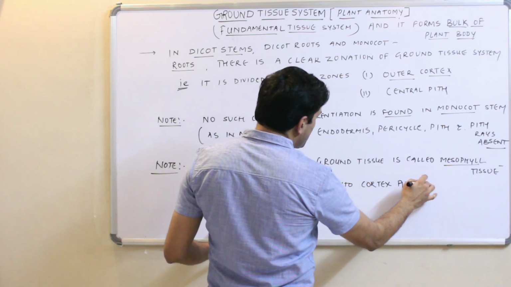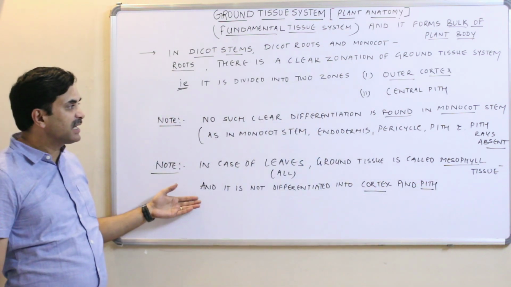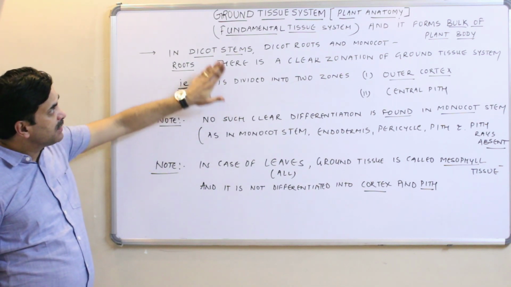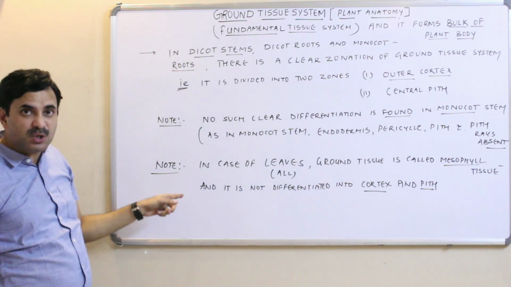You will not be able to see the differentiation between the cortex and the pith in the case of the leaves. Is it clear or not? So this is the basic of the ground tissue system you must know.